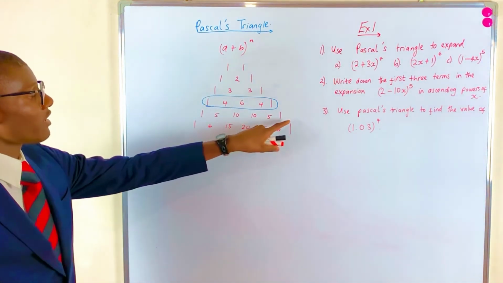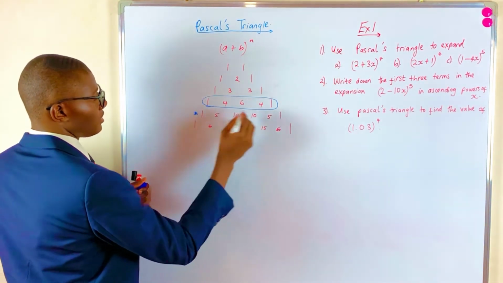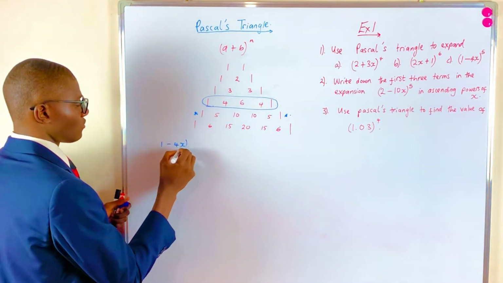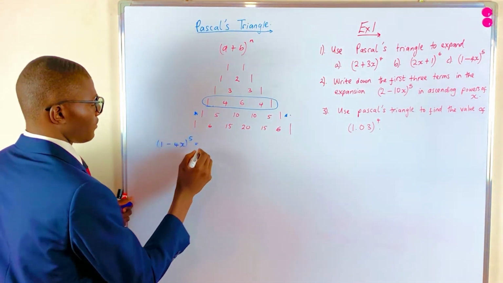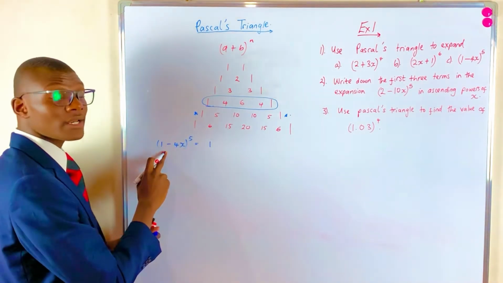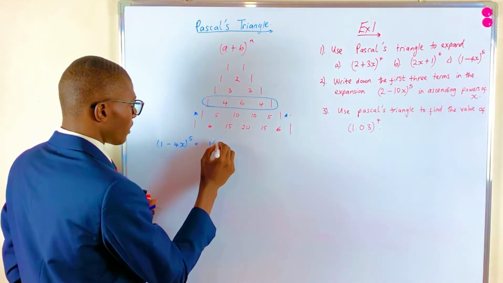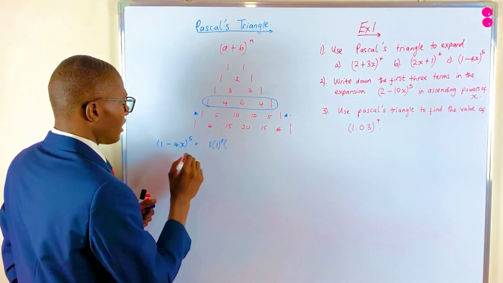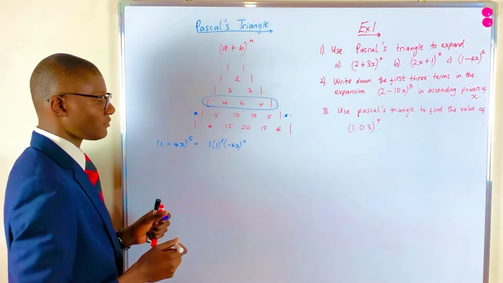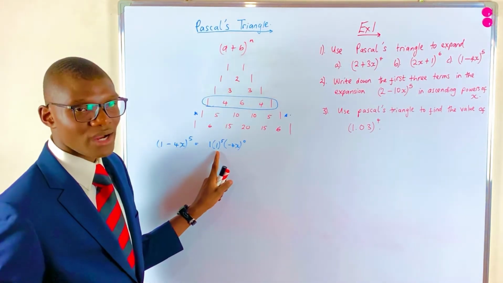So to the power of 5, we need these coefficients here. So (1 - 4x)^5. We are saying that we've got 1 multiplied by 1^5, and (-4x)^0.